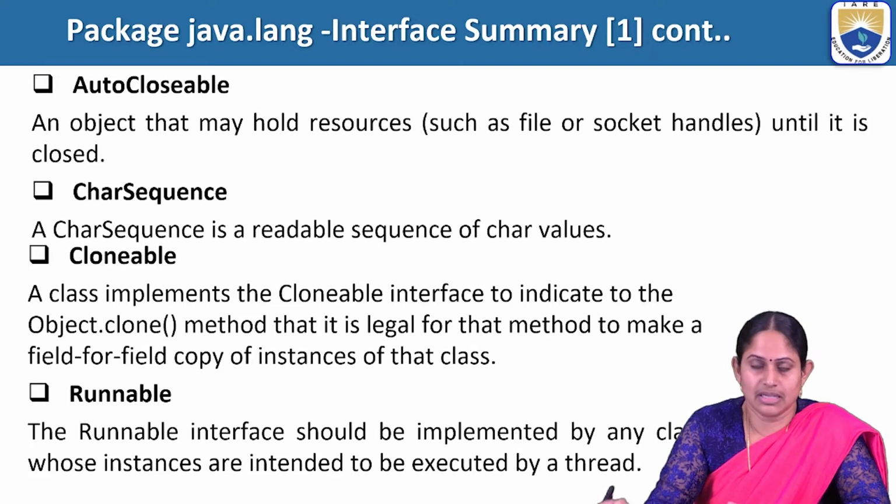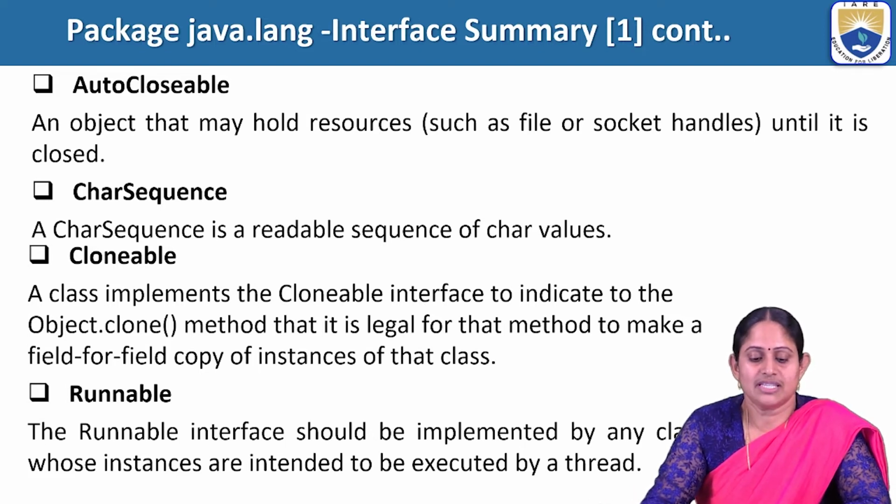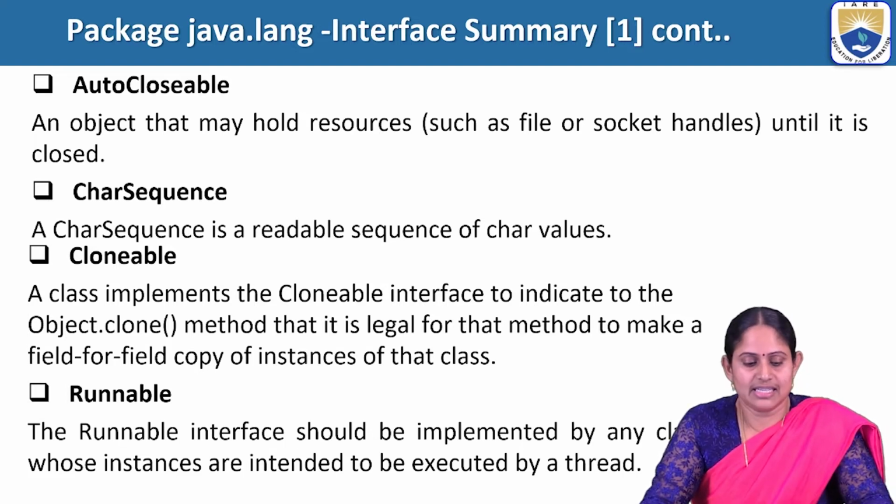So AutoCloseable is used to close that object. It is an object that may hold resources such as file or socket handles until it is closed. The CharSequence interface is a readable sequence of character values.